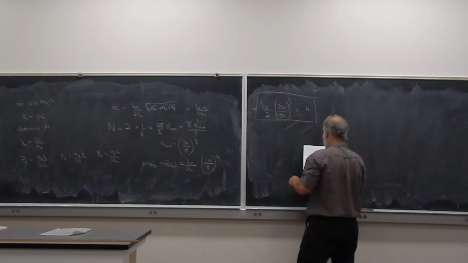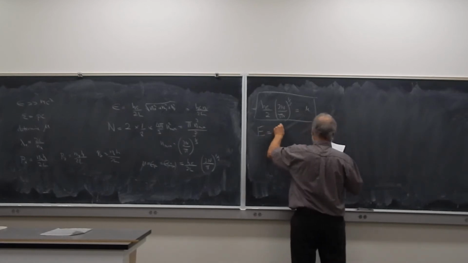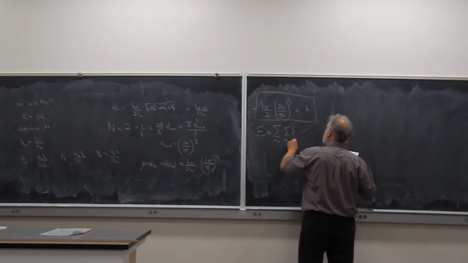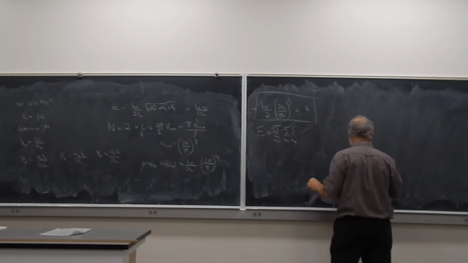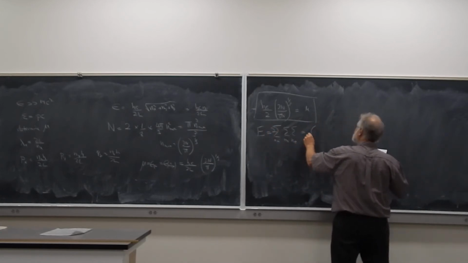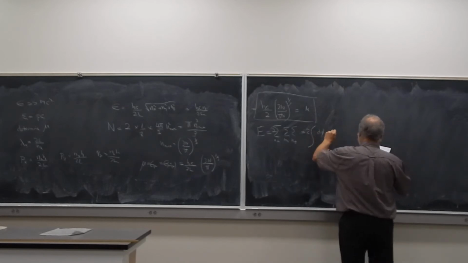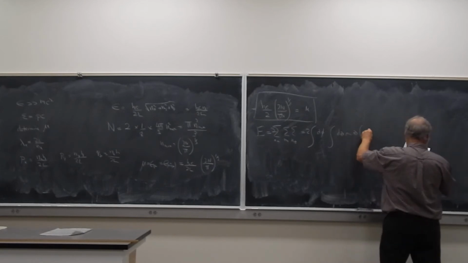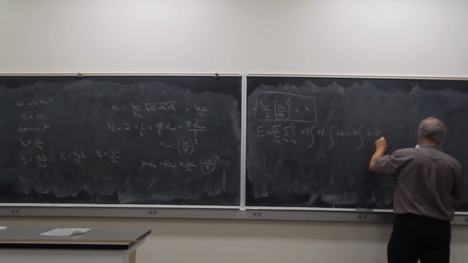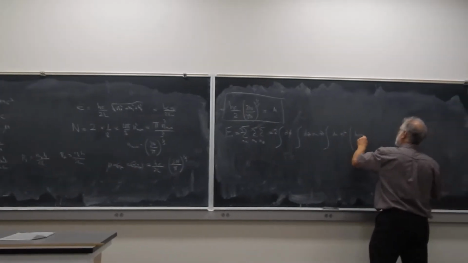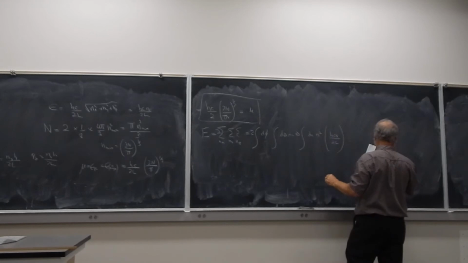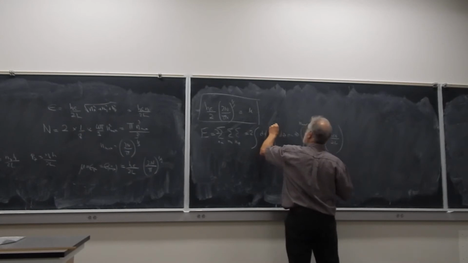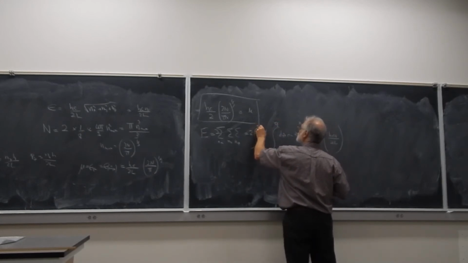How about the energy? The energy is going to be equal to the sum over nx, ny, nz. 2 for spin. I can write this as 2 integral d phi, d theta sine theta, as we did before, dn n squared hcn over 2L, from 0 to n max, 0 to pi on 2, 0 to pi on 2.